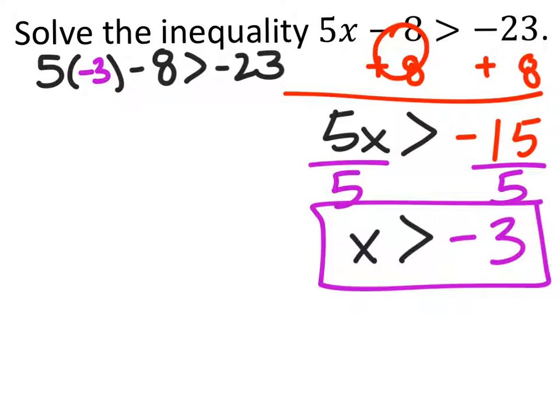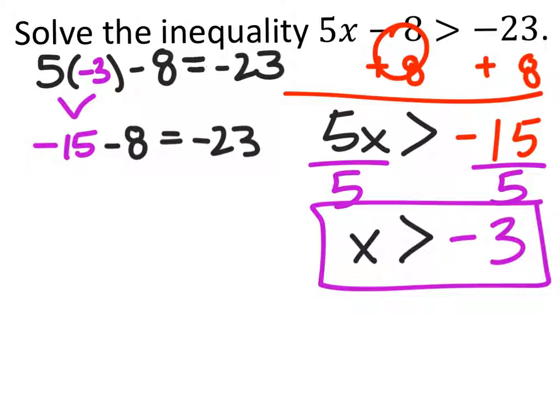This is the point where I'd want to see that they are equal. So I change it to equals, and this will tell us the point where the two sides are equal, as you can tell. But why is that important? It's important because as soon as we find values of x that are greater than or less than negative 3, it will change the inequality, okay? So let's go ahead and just make sure that this is equal.